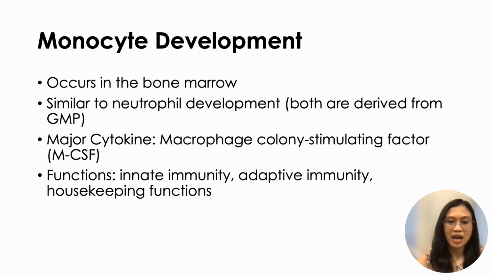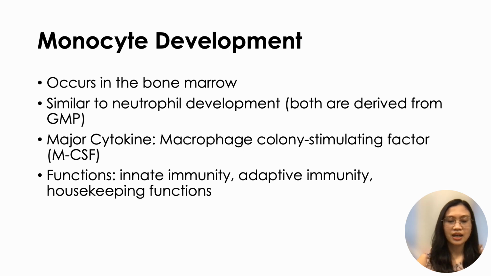The development and maturation of monocytic progenitors and precursors occur in the bone marrow. The maturation of this white blood cell is similar to the process of maturation of the neutrophil, primarily because they share a common progenitor, and that is the common myeloid progenitor.